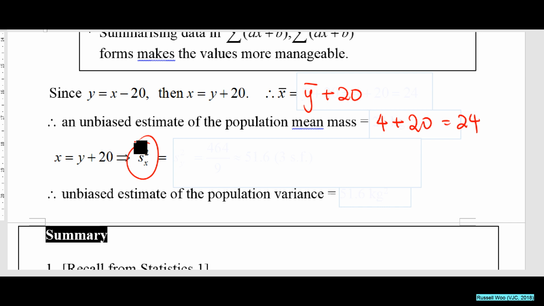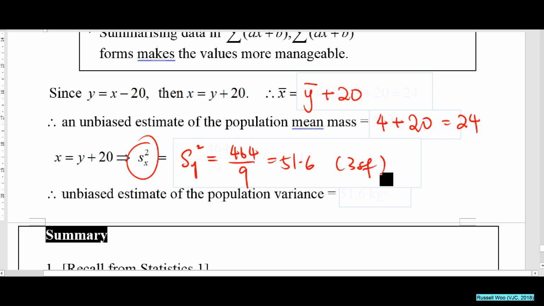So actually Sx squared is Sy squared, which is 464 over 9, which is 51.6. So this is 51.6.